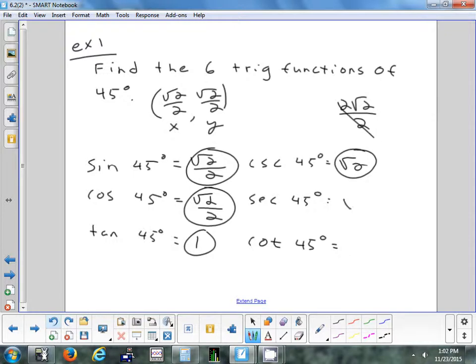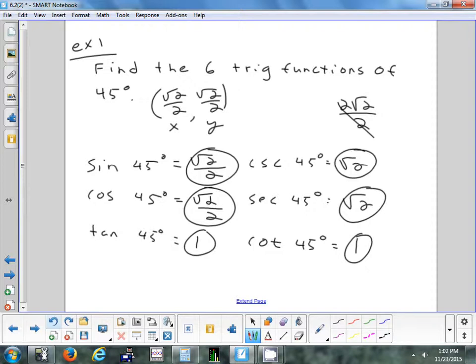So that's the same as that combination. Yep. If sine and cosine are the same, secant, cosecant are the same. Cotangent? Yeah. That one's this. One is, when you flip it, it stays the same. Okay. So questions on how you find the 6 trig functions for 45?